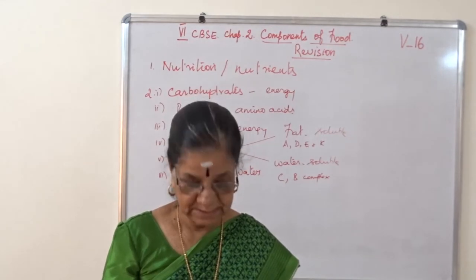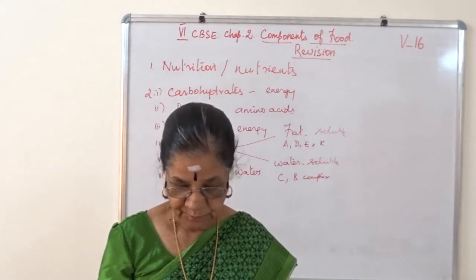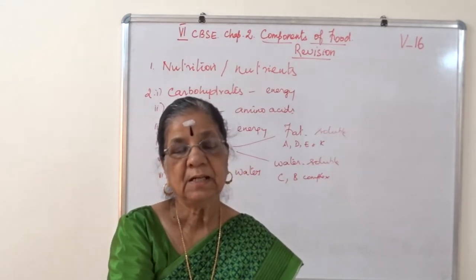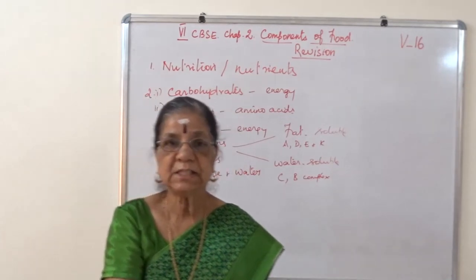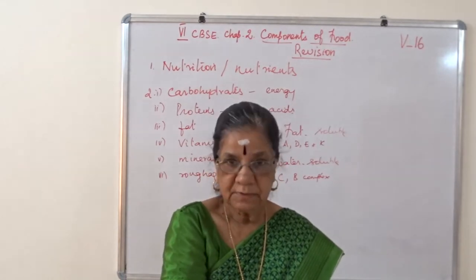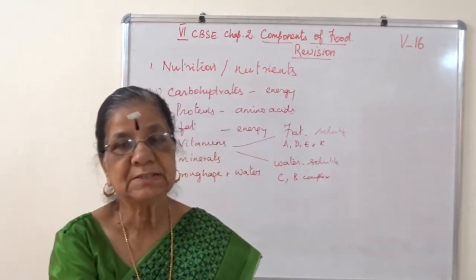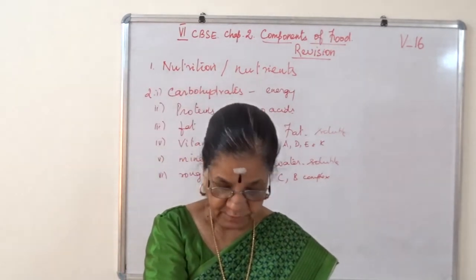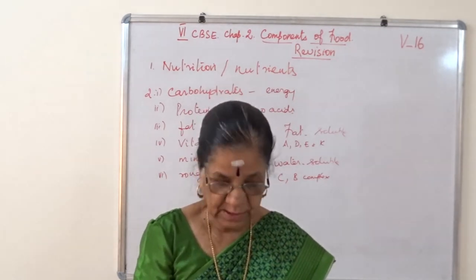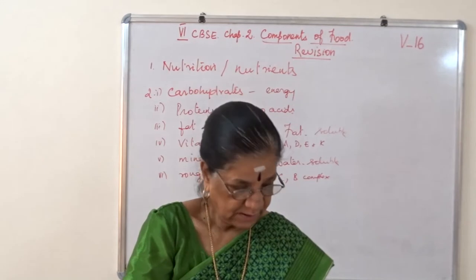Vitamin D is a natural vitamin that can be made in the body, and vitamin K is made by bacteria in the large intestine. Vitamin D is called the sunshine vitamin. In the early morning and the evening, vitamin D can be synthesized in our body. Vitamin K is made in the large intestine.